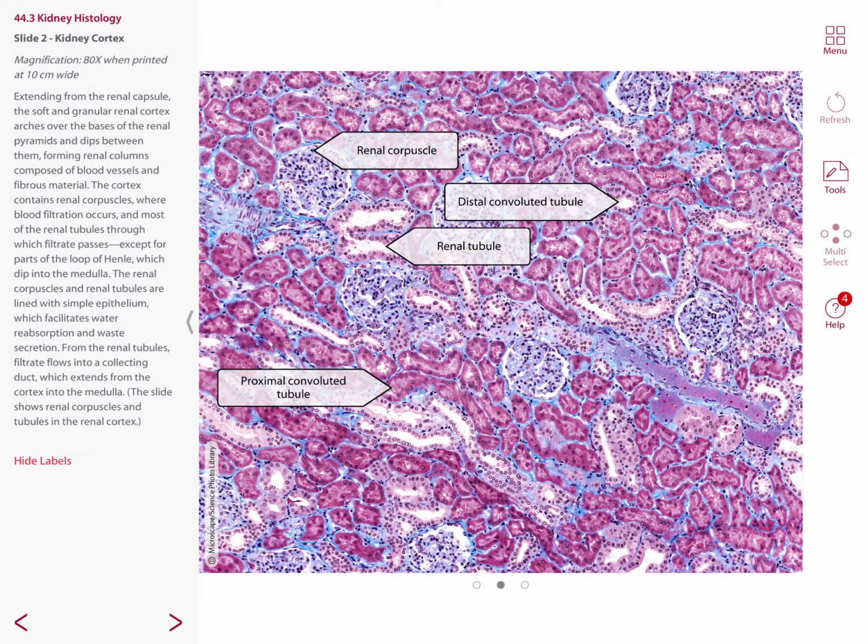Sometimes it's called the loop of Henle. Other times we call it the nephron loop. They're the same thing. From the nephron loop, we go into that structure that you see there called the distal convoluted tubule. Now this is all filtering. From that distal convoluted tubule, we're going to then go into a structure called the collecting duct.